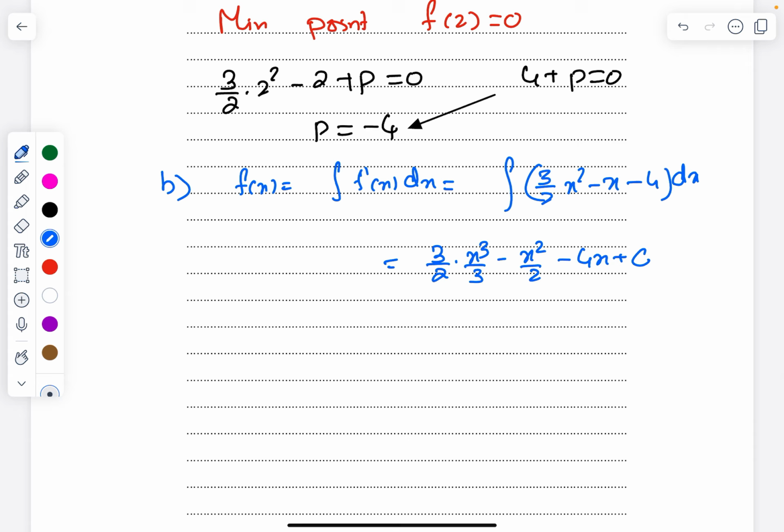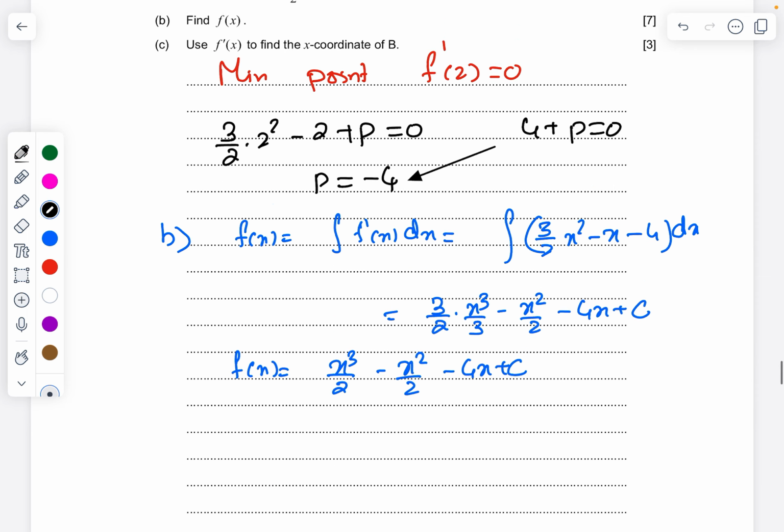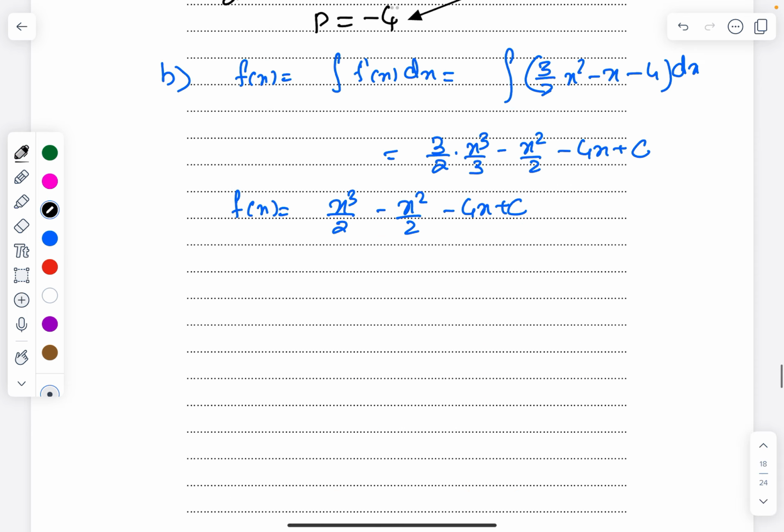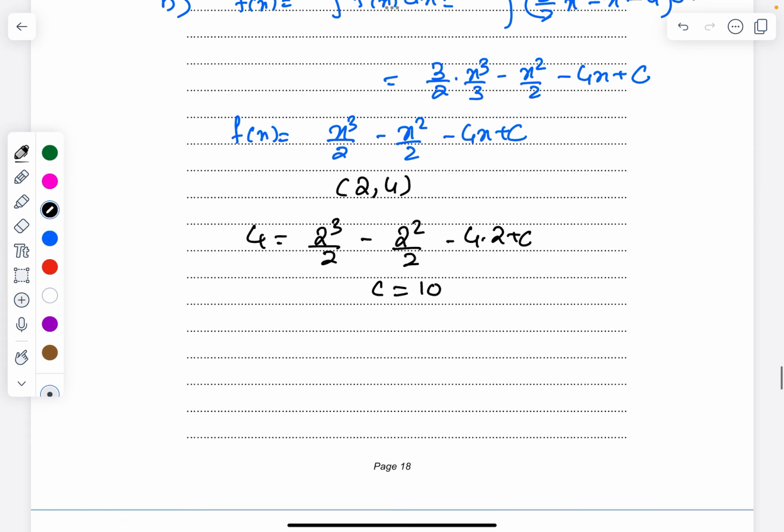So f of x equals x cubed by 2 minus x squared by 2 minus 4x plus c. Now it is passing through (2, 4). So 4 equals 2 cubed by 2 minus 2 squared by 2 minus 4 times 2 plus c. This gives me c value as 10. So f of x equals x cubed by 2 minus x squared by 2 minus 4x plus 10.